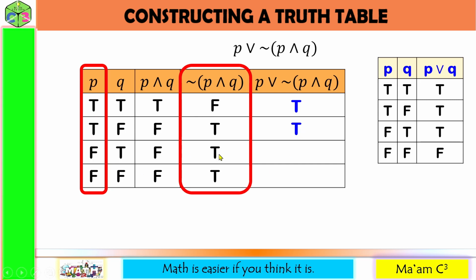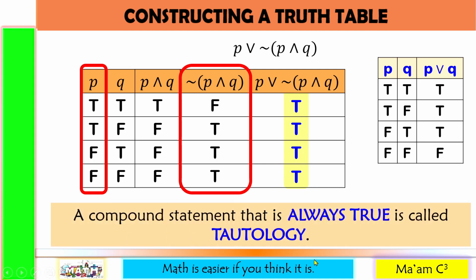I have here one true, so this is true. Here, I have one true, so this is true. So what did you notice here? Our answers are all true. If the compound statement is always true, it is called tautology. So again, if the answers are all true, you call it tautology.